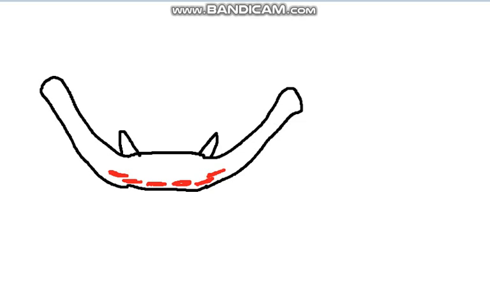So the mylohyoid muscle we will have to draw somewhere here. This then is the mylohyoid muscle, and then deep inside the mylohyoid you have the geniohyoid muscle. So the geniohyoid muscle is this one. U shape it. So these are the geniohyoids.